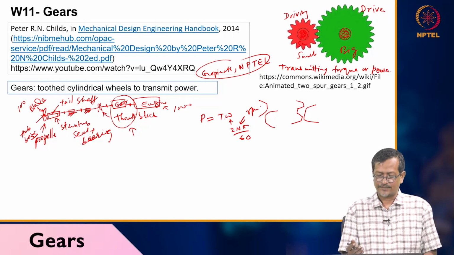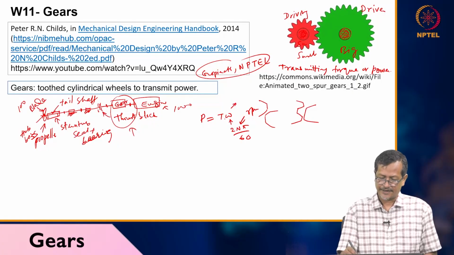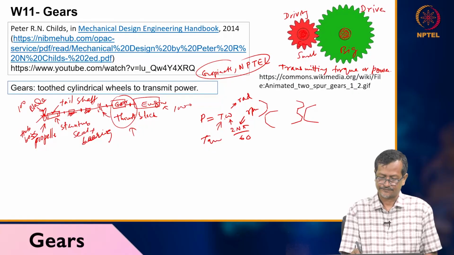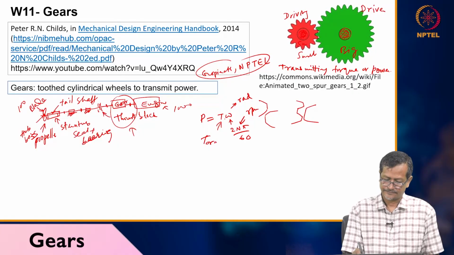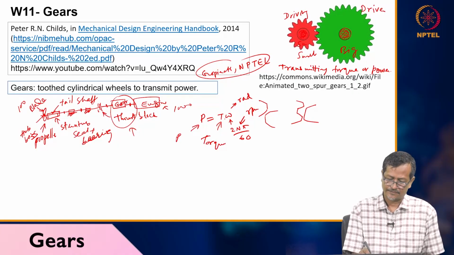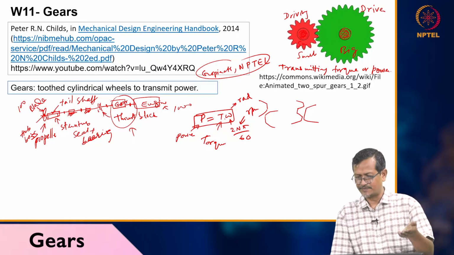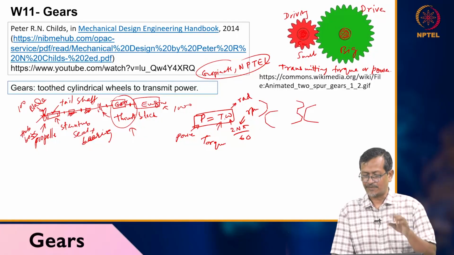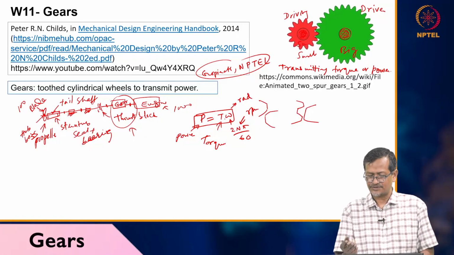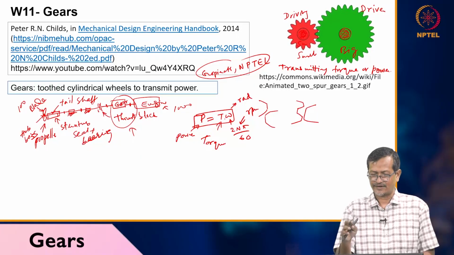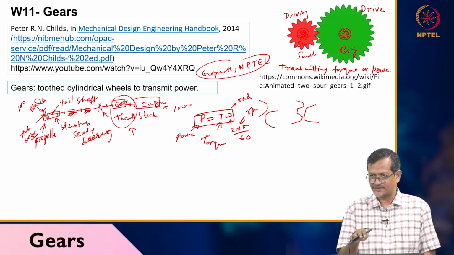So omega's unit is radian per second, T is torque, P is power. Okay, so power will be fixed. We are assuming, let's say, 100% efficient bearings. So power is fixed, your omega is changing, which means torque will change. Okay, so torque and omega can be changed, but P is not changing.